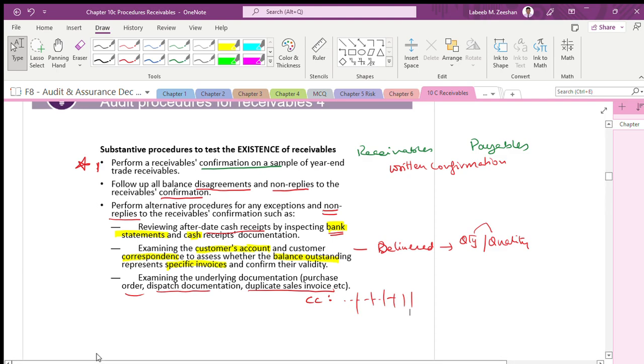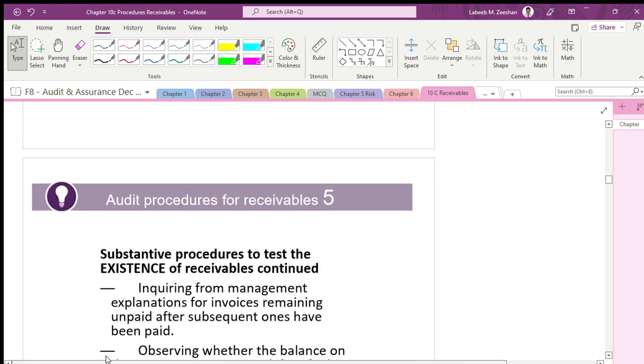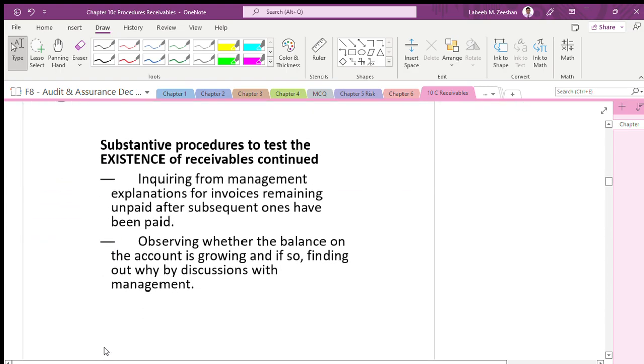After that, we have to make sure. Fine. Substantive procedures for existence: inquiring from the management for an explanation for invoices remaining unpaid.